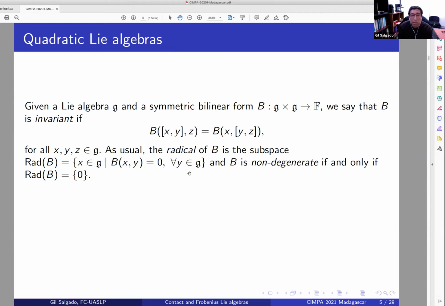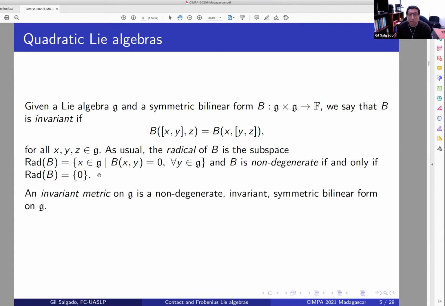As usual, the radical of the bilinear form is this subspace, and B is non-degenerate if and only if its radical is trivial. An invariant metric on G is a non-degenerate, invariant, symmetric bilinear form on the Lie algebra. The pair G and B is a quadratic Lie algebra if and only if B is an invariant metric on G.